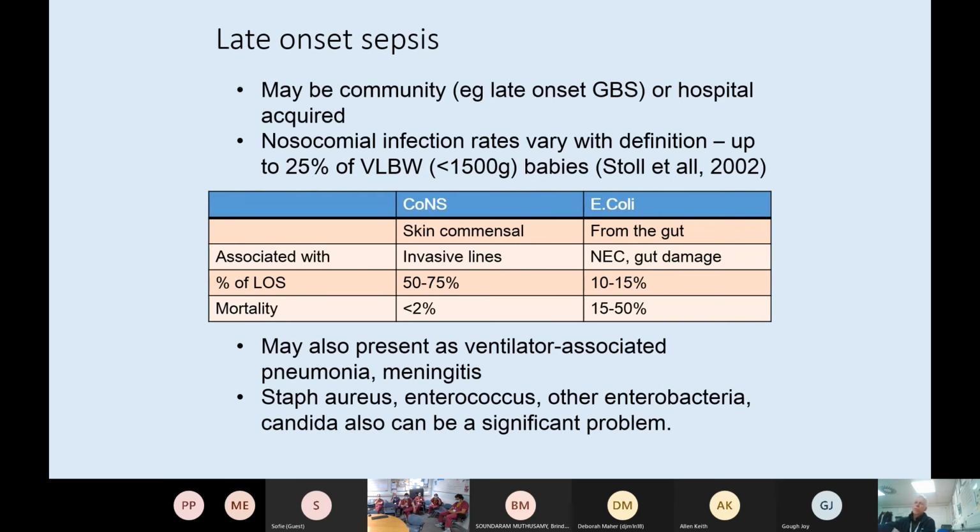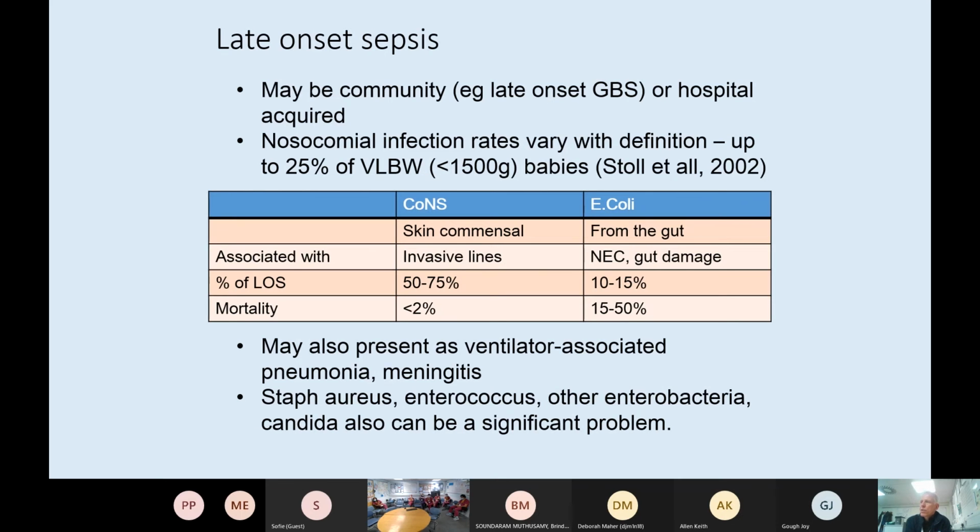Okay, so most of our antibiotics, particularly our longer courses of antibiotics, are due to late onset sepsis. And as we said earlier, most of our late onset sepsis is acquired within our neonatal unit, and it's very common.